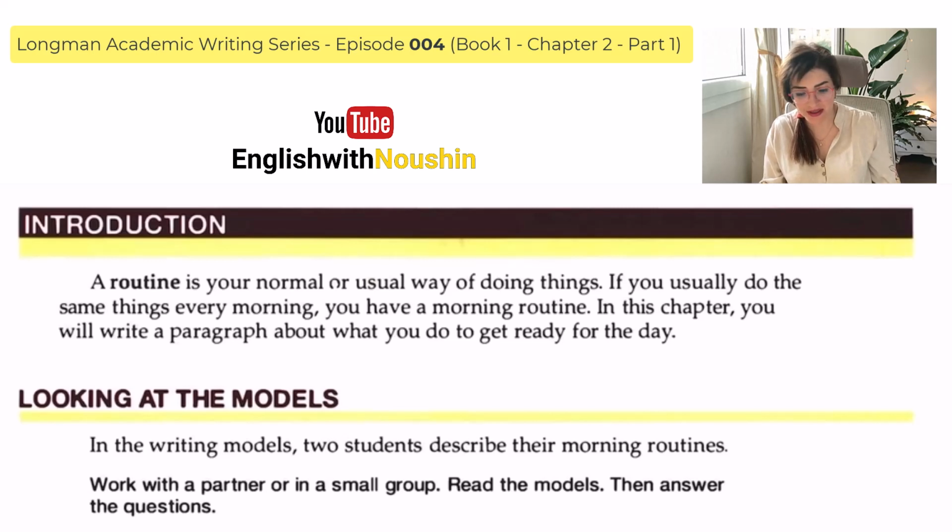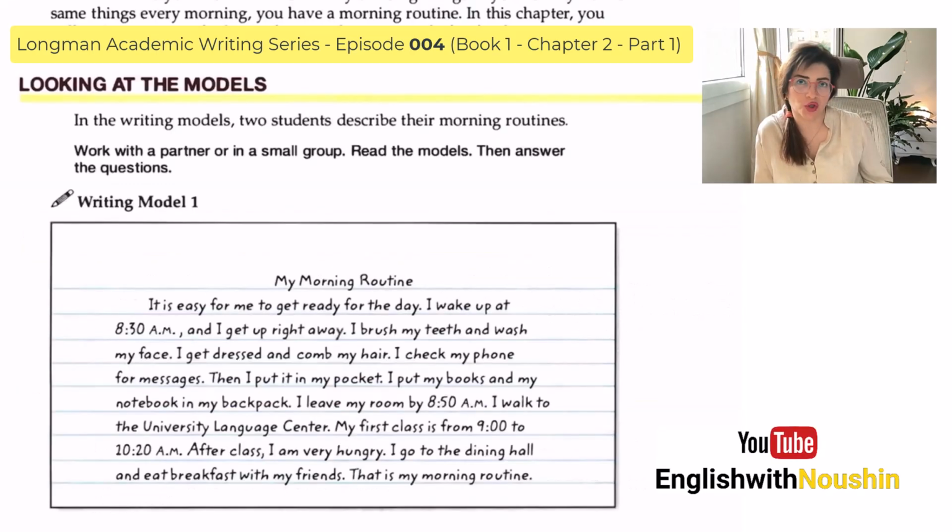Now, let's look at some models. So looking at models, you do remember that in chapter 1, we talked about looking at models. That what we talked about was trying to find good samples and good models of writings, look at them, get some ideas from them, not copying them, but getting ideas of how to write and what to write sometimes, and try to reproduce something that is similar to a good sample, but in your own words.